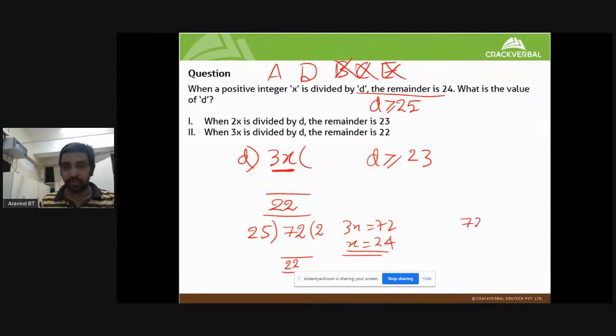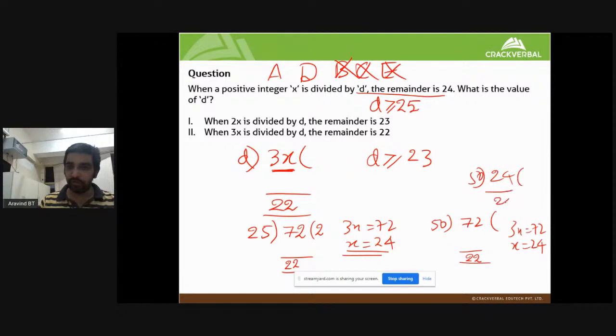However, I can also have D as 50. If I divide 72 by 50, I'll still get a remainder of 22. I'll still get 3x as 72. I'll still get x as 24. And remember, 24 divided by 50 still gives you a remainder of 24. Don't forget this.